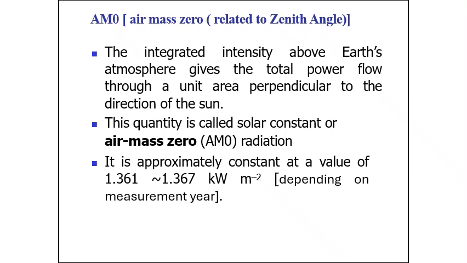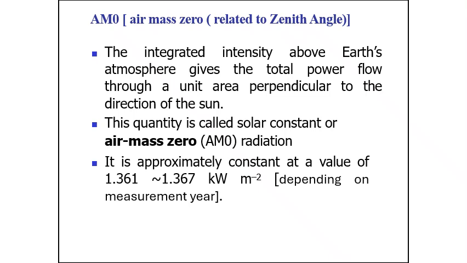AM0, in short it is called, or in detail it is called air mass 0. This is somehow related to zenith angle again. The integrated intensity above Earth's atmosphere gives the total power flow through a unit area perpendicular to the direction of the sun.